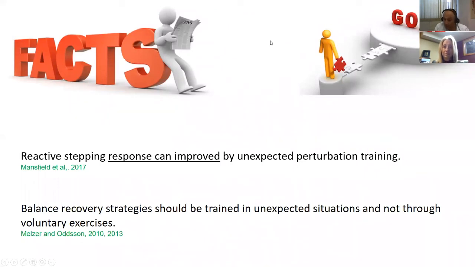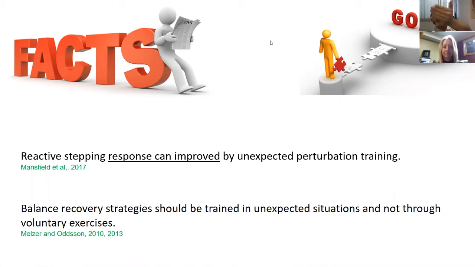I think it's very important that we have shown now in the literature that if we practice a reactive response, if we challenge our clients with unexpected perturbation, we can actually improve that reactive response.